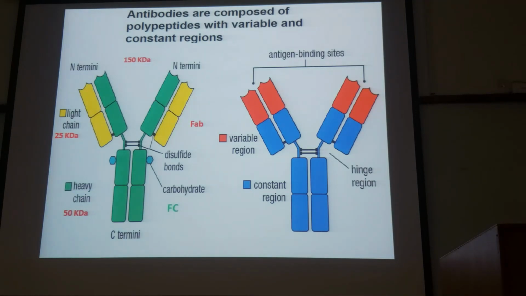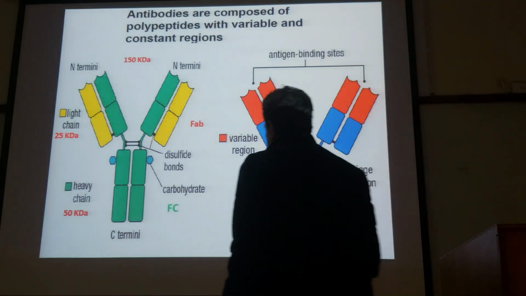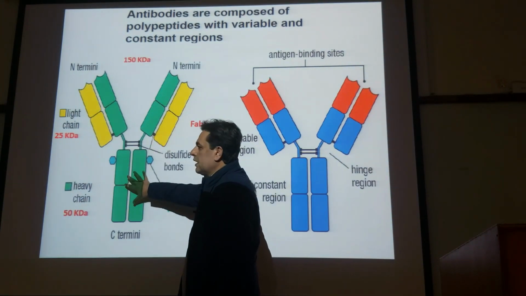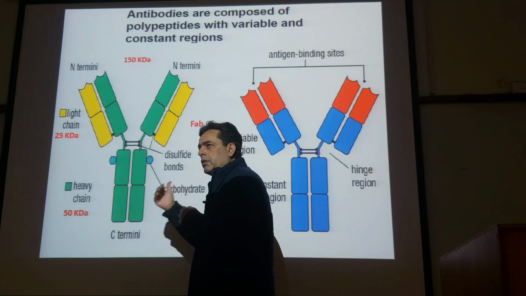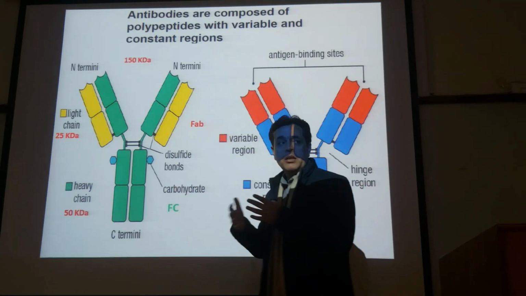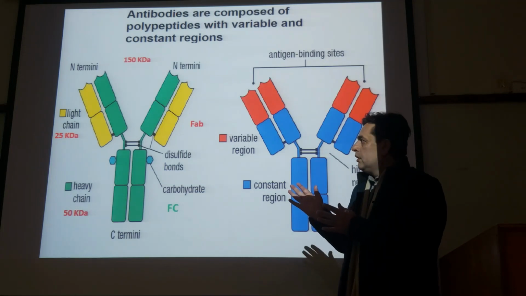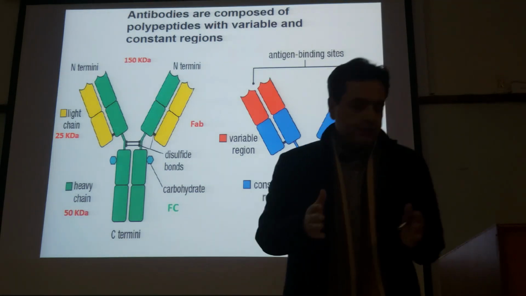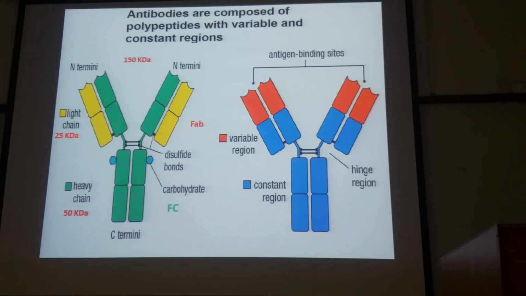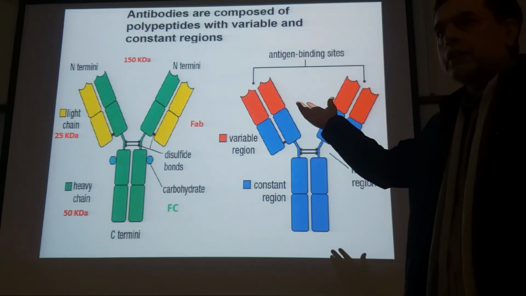So this FC region interacts with other immune cells and helps with their functions. All other functions of the immune system, including opsonization, complement activation, ADCC, etc., are due to the FC region of the antibody, while the Fab region just binds with the antigen.